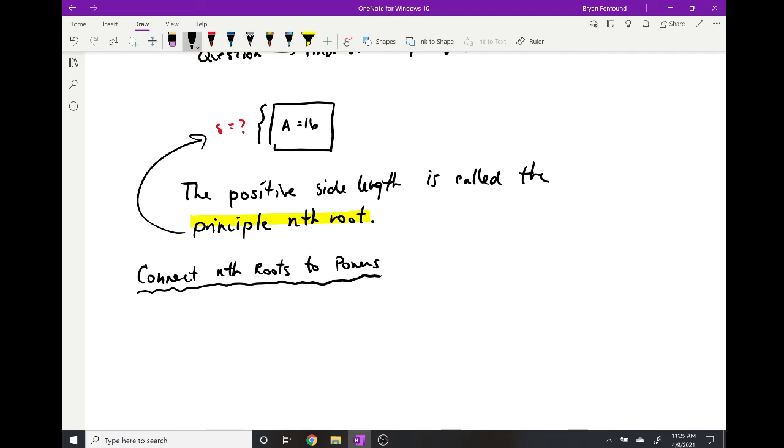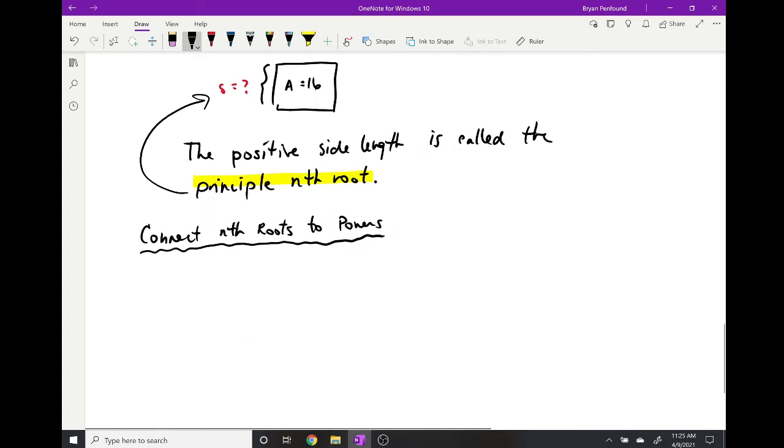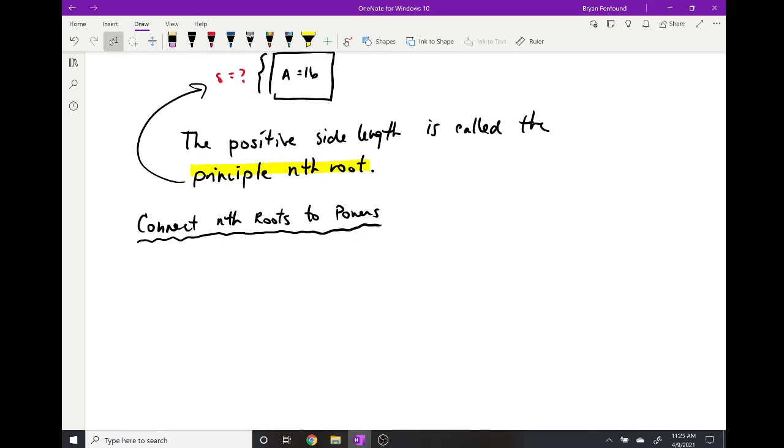Because if I can somehow connect the square root or the cube root back to a fractional kind of power, then I know all of the exponent laws. We've talked about the exponent rules before, so if I can connect this idea back, then I have a whole plethora of tools I can use to work with nth roots.